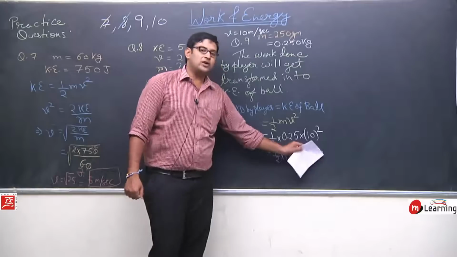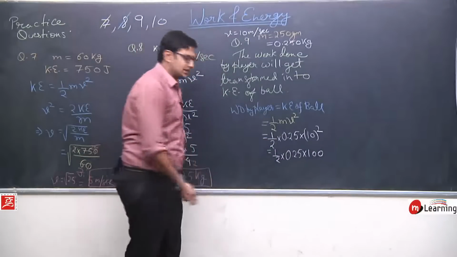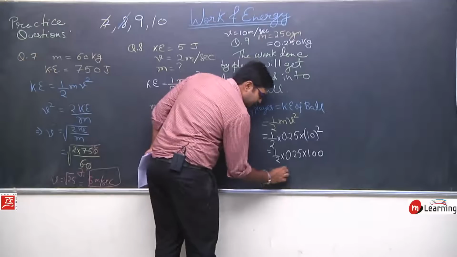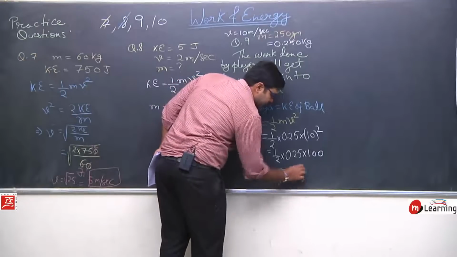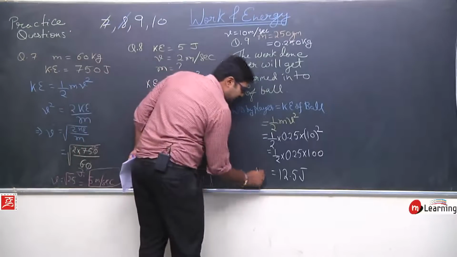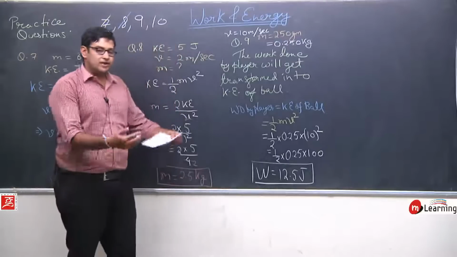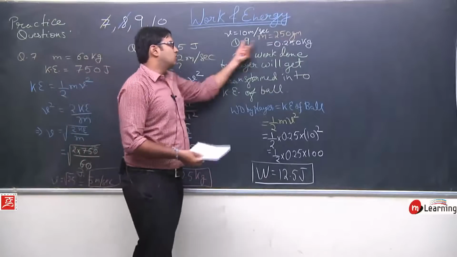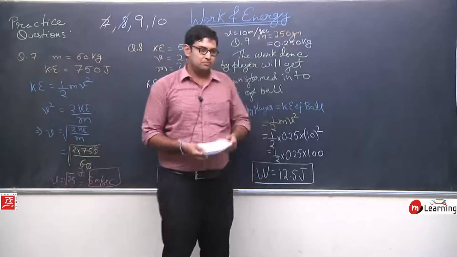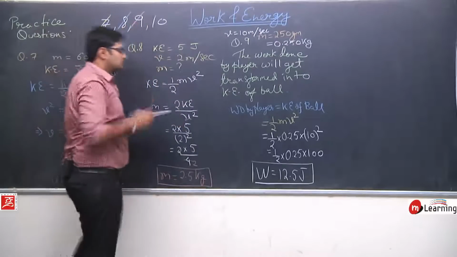So 0.25 into 100 is 25. 25 upon 2 is half of 25, that is 12.5 joules. So this is the work done by the player to give a speed of 10 meters per second to a 250 grams ball. So this is the solution for question number 9.